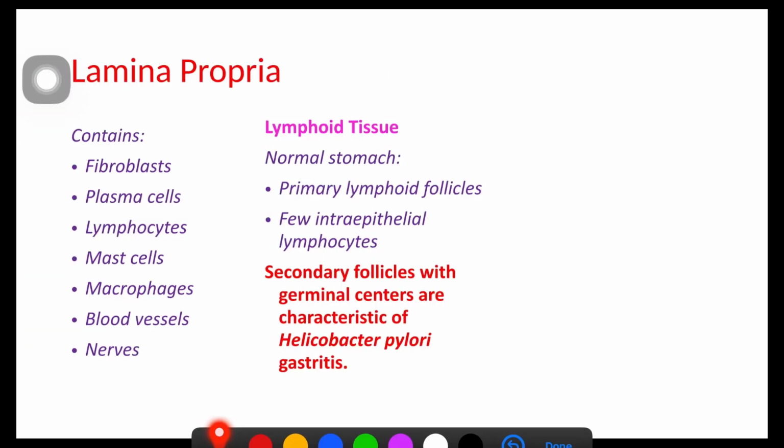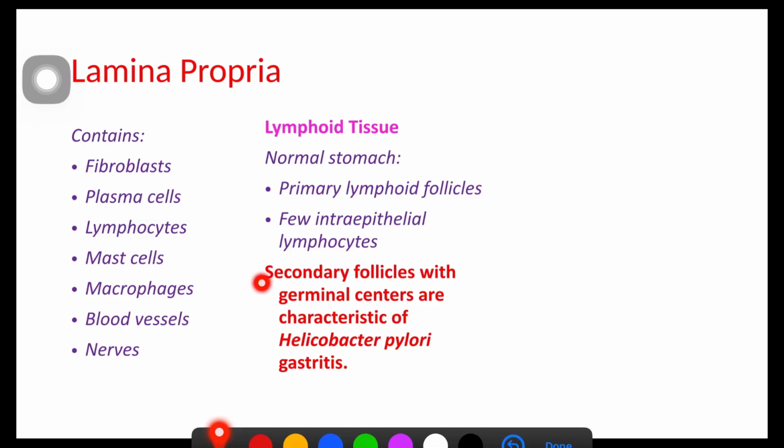Now, lamina propria. The lamina propria lies in between the glandular mucosa, and contains fibroblasts, inflammatory cells like plasma cells, lymphocytes, mast cells, macrophages, blood vessels and neural supply. Lymphoid tissue normally shows primary lymphoid follicles and few intraepithelial lymphocytes, which we have seen in the previous slide.